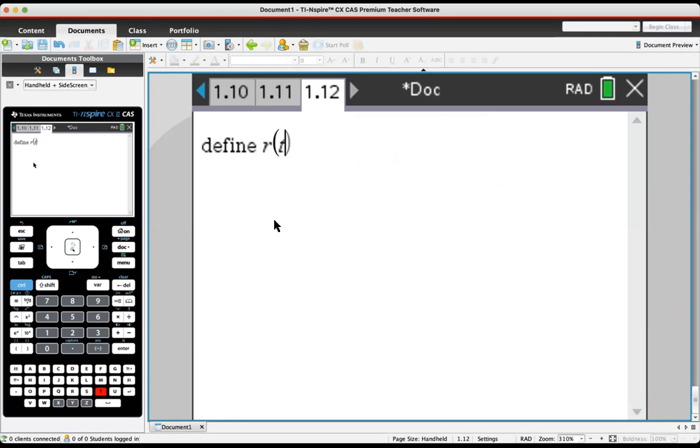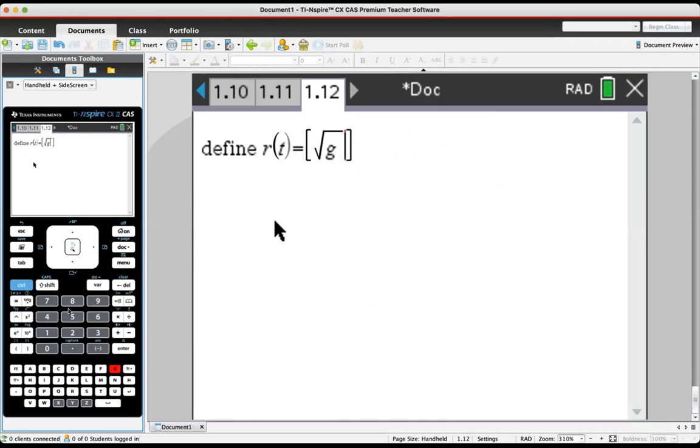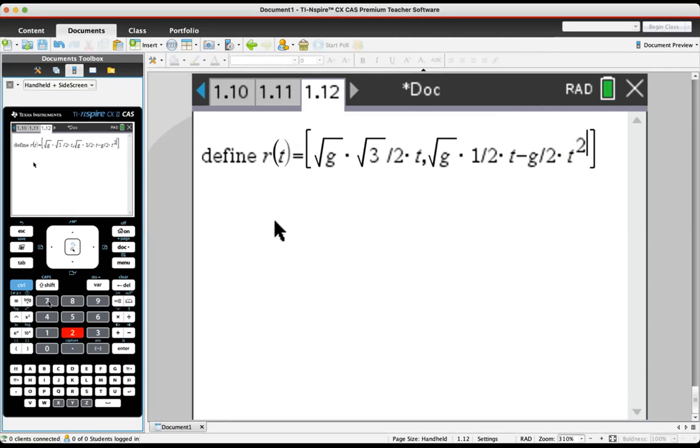Let's call this one R of t equals √g times (√3/2 times t, comma, and then the vertical component is half times t minus g/2 times t squared), okay?